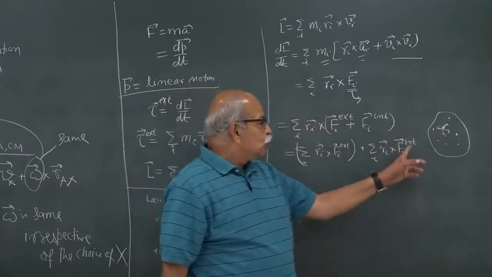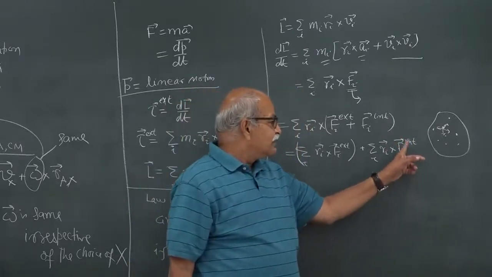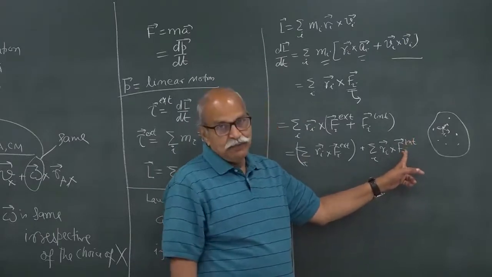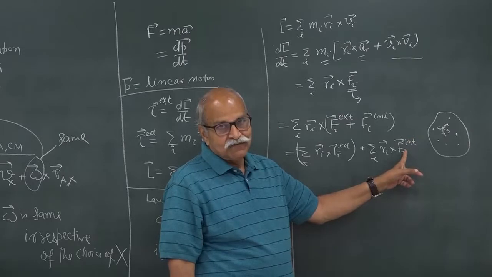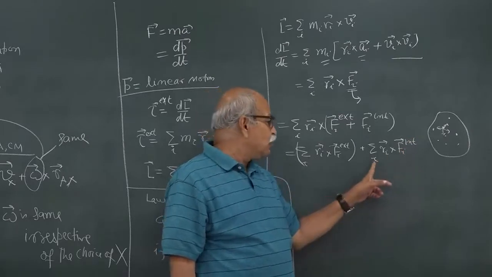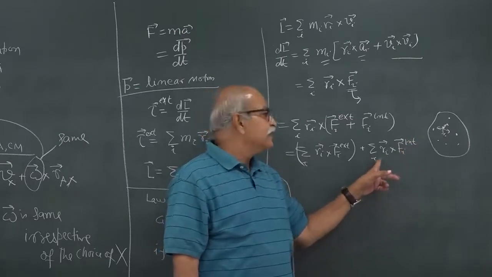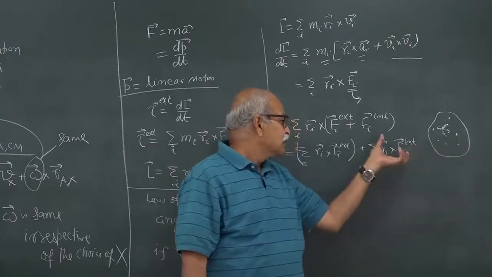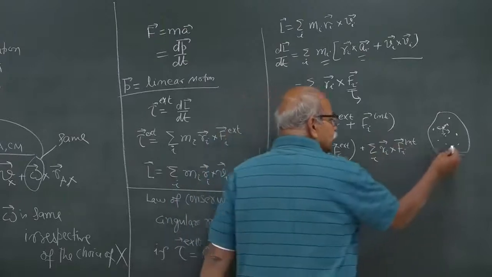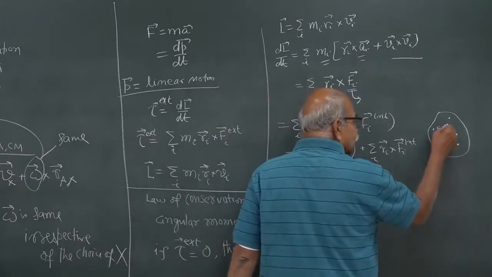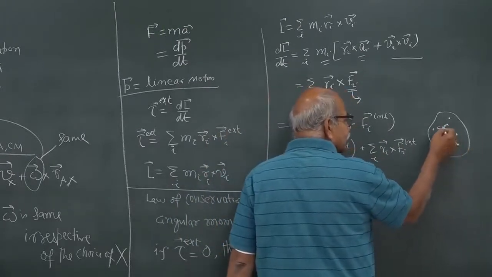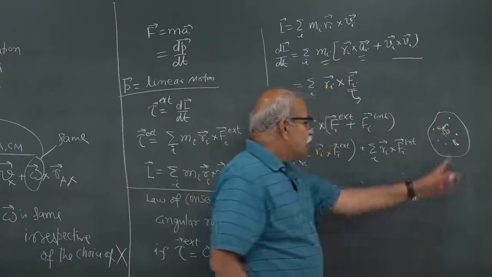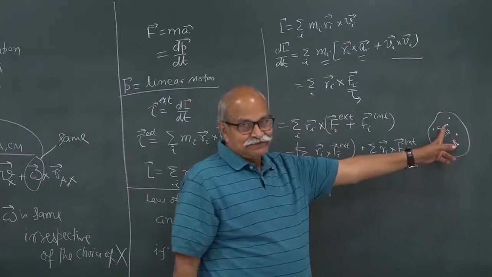Now, it is true that if you add all these internal forces on ith particle, you may get some non-zero value. But then when you sum over this i and take this particle also into consideration, suppose this particle is also attracting it by that same force, this is attracting here and this is attracting here, and that sum will be 0.